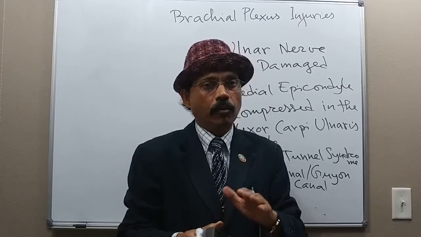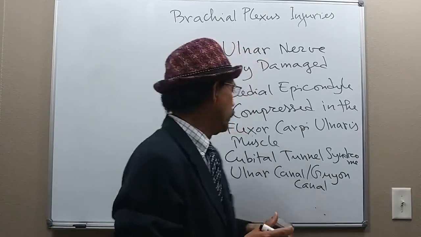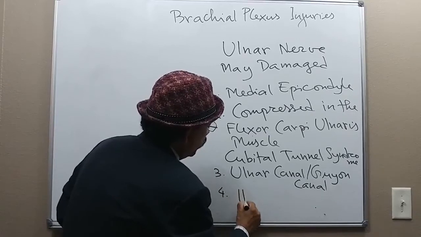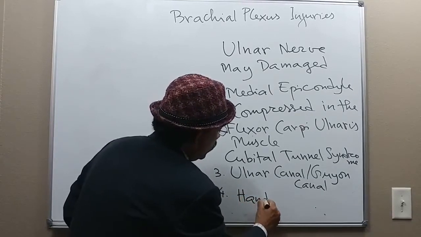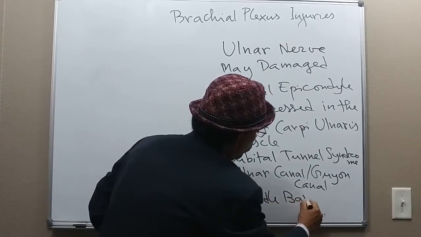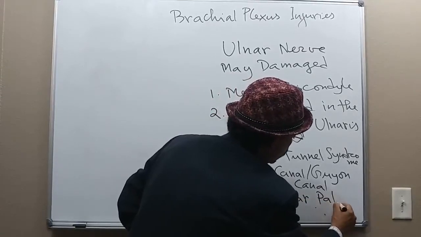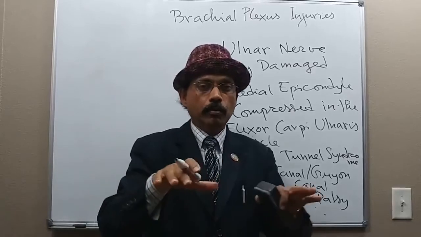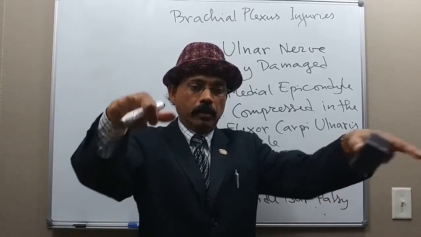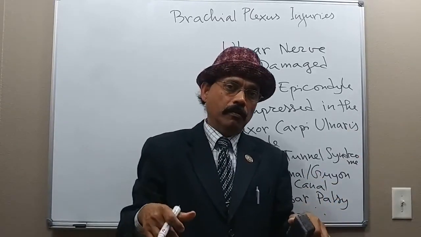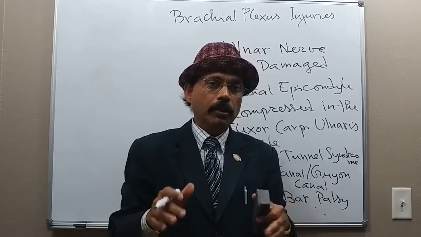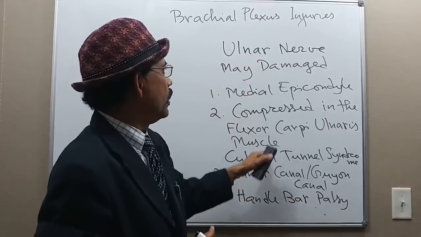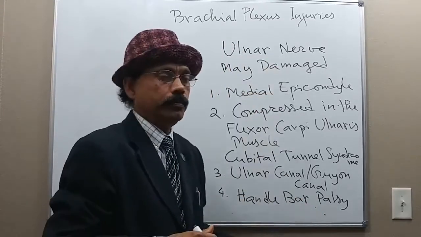There is a groove that is covered by the pisohamate ligament, or it may be damaged. We call it handlebar palsy, that happens in a biker who holds the handle of the bicycle for a long time, that compresses the hook of the hamate area. So that may lead to ulnar nerve palsy.